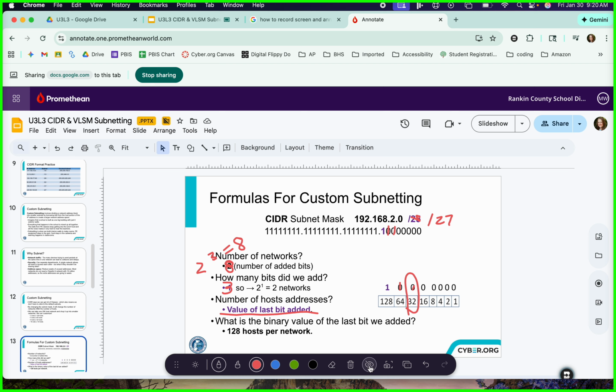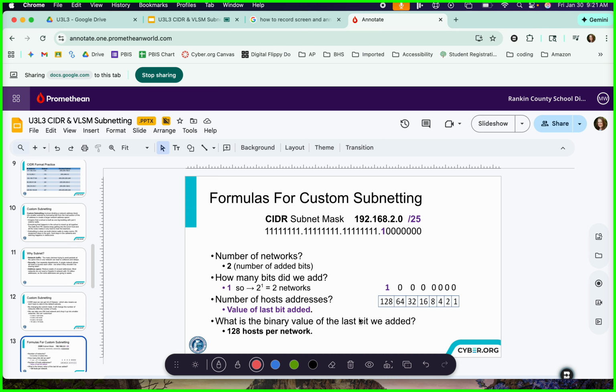And how many addresses do we have total? Well, on the previous slide, you will see that if you have 2 networks, you have 128 hosts per network. That totals 256.